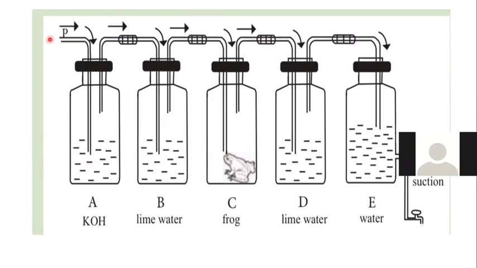So if a mixture of gas comes in, the carbon dioxide is absorbed by the potassium hydroxide, so carbon dioxide is dissolved there. The gas comes out from here, and carbon dioxide is absent because it is already dissolved in potassium hydroxide.